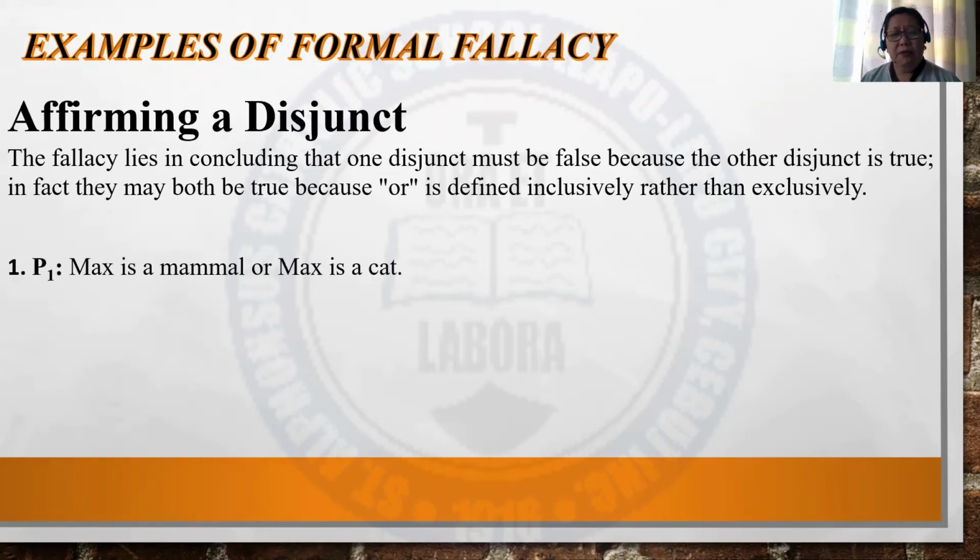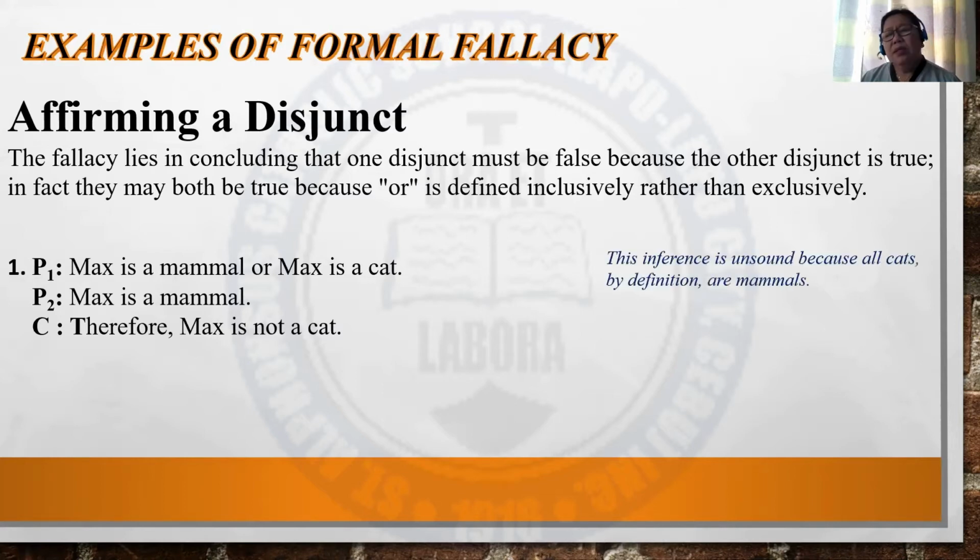For example, the first premise is Max is a mammal or Max is a cat. Then, second premise, Max is a mammal. Conclusion would be, therefore, Max is not a cat. So the inference is unsound because all cats by definition are mammals.